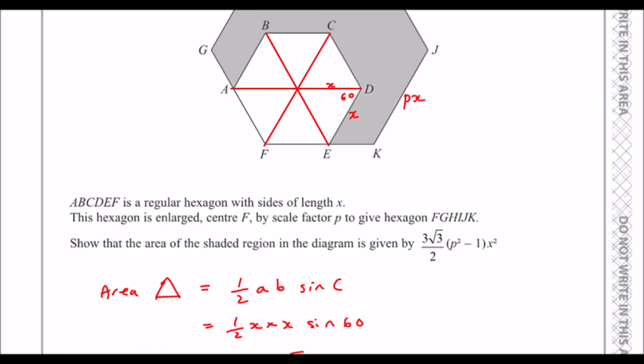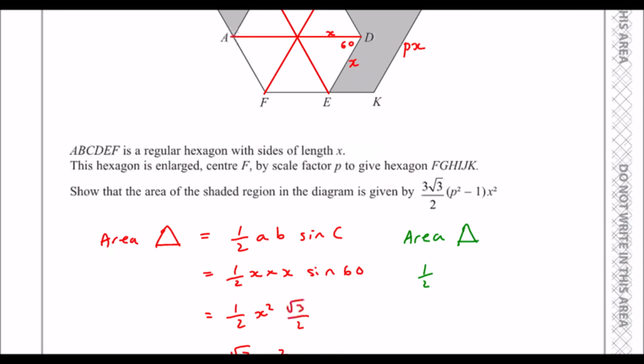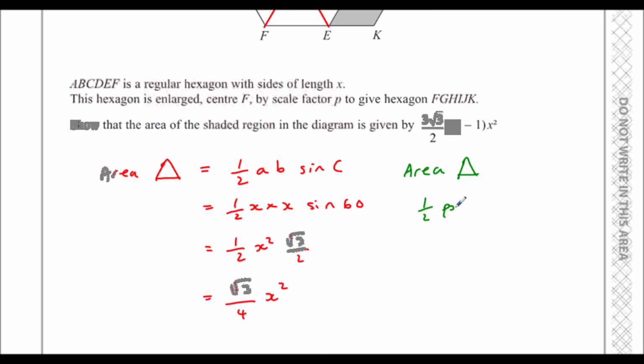For the bigger hexagon, the area of each triangle will be half times px times px times sine 60, sine 60 still root 3 over 2. Half times root 3 over 2 is still going to be root 3 over 4. So p times p is p squared.